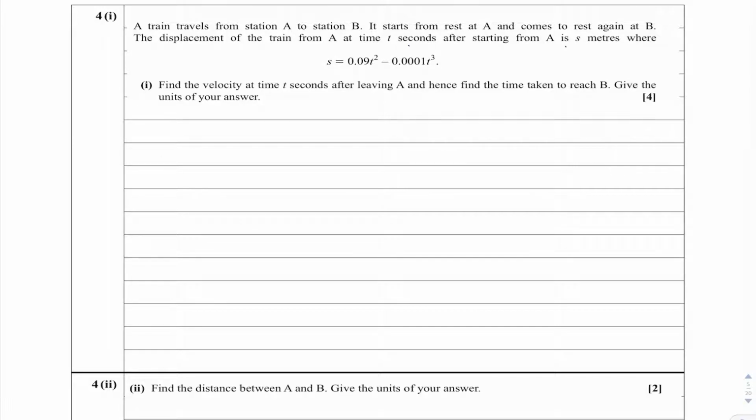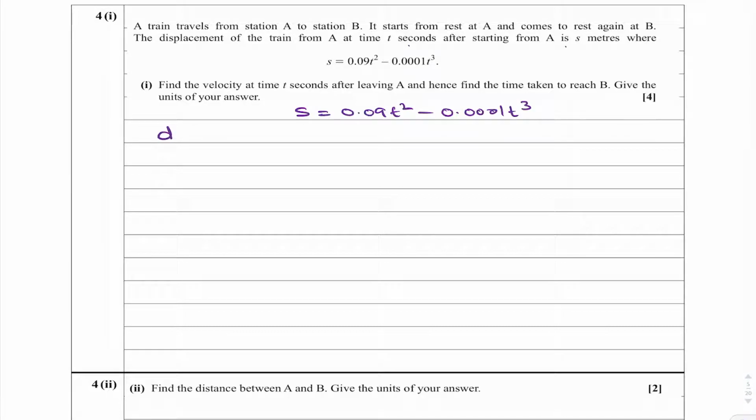Well, so we got a displacement given to us, s equals 0.09 t squared minus 0.0001 t cubed. If we differentiate the displacement, we'll get velocity.